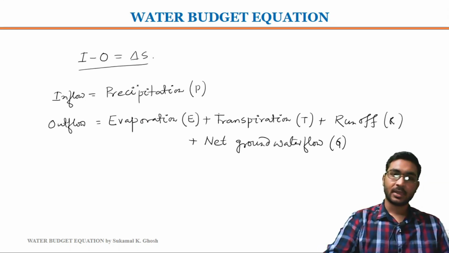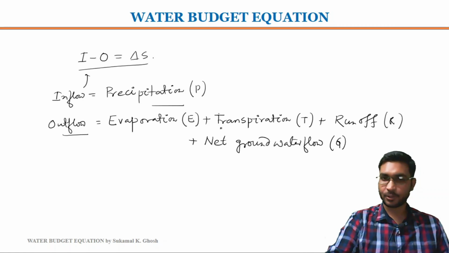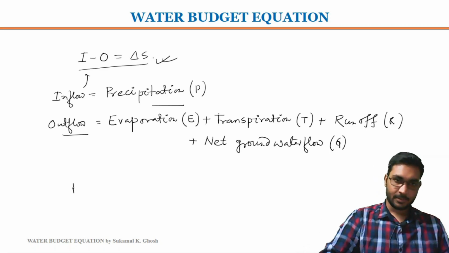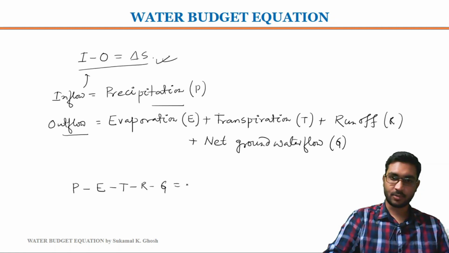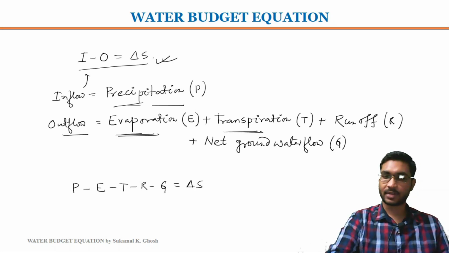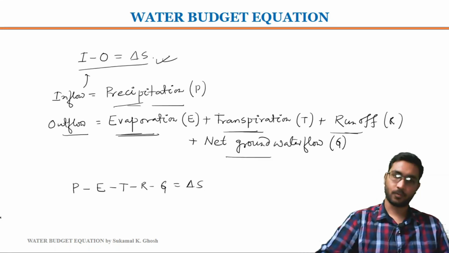Now if we put inflow equal to the precipitation and outflow equal to the summation of evaporation, transpiration, runoff and net groundwater flow, in this equation we will get P minus E minus T minus R minus G equal to delta S. Here P is precipitation, E is evaporation, T is transpiration, R is runoff, and G is net groundwater flow.